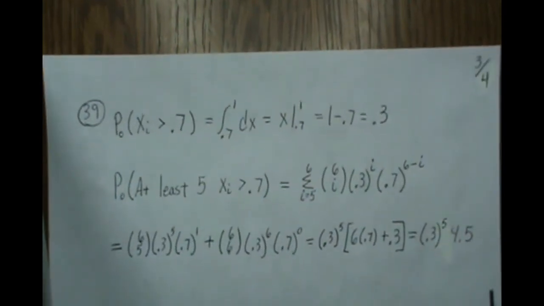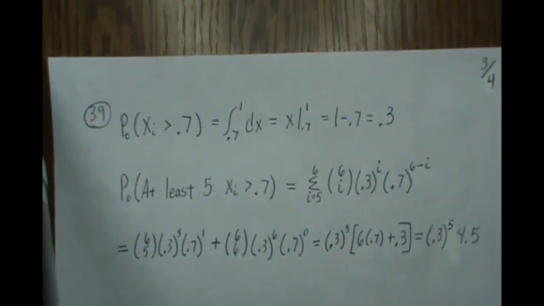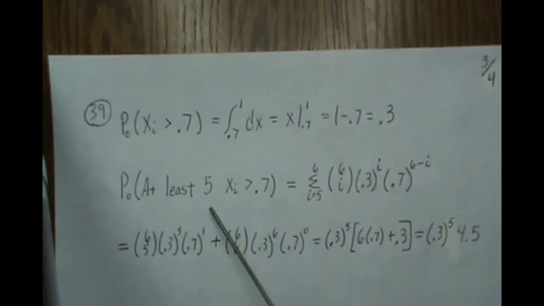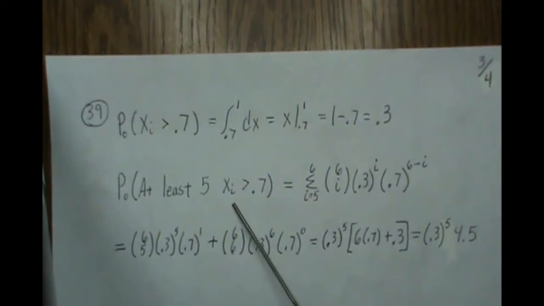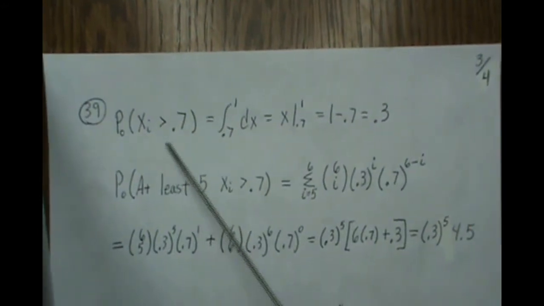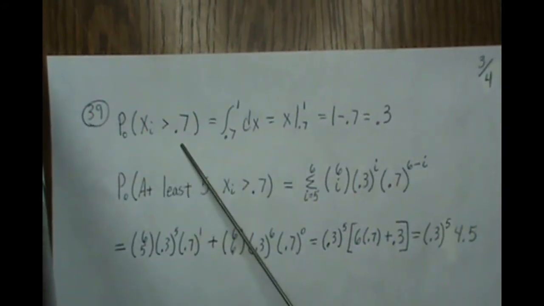So number 39. Here we want to find the probability that at least 5 in our sample are greater than 0.7. So let's look at the probability that one of them is greater than 0.7.